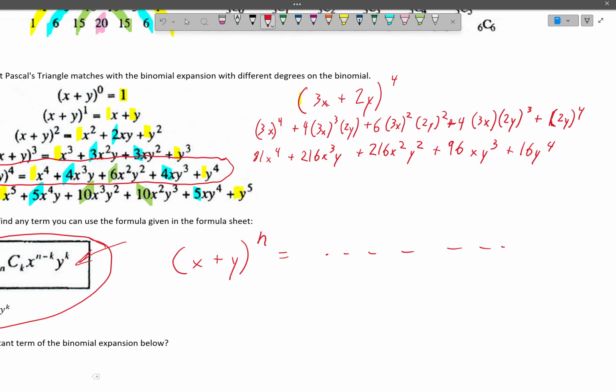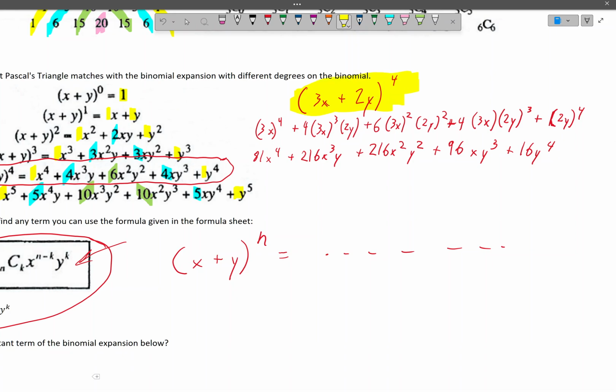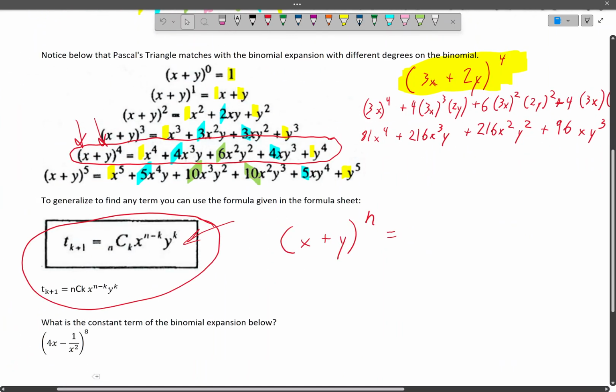Okay, so you can see here, this is our expanded form of this, and we didn't need to do what would be really painful, which is to FOIL it 4 times over again, adding and subtracting like terms and all that stuff. We didn't have to do it all. Why? Because we used Pascal's triangle to solve it and the binomial theorem.